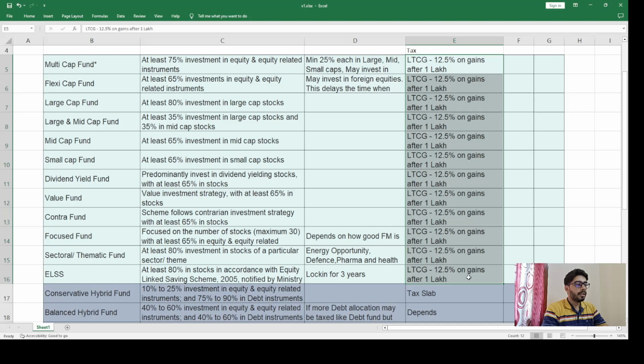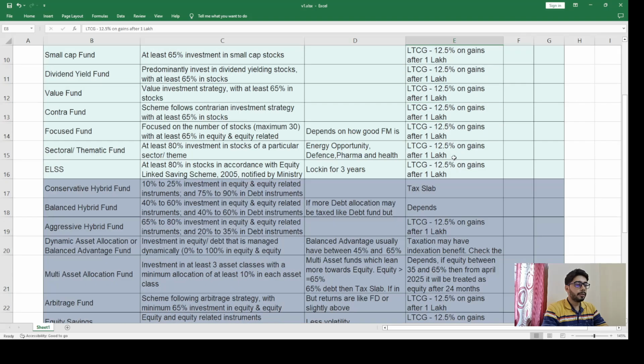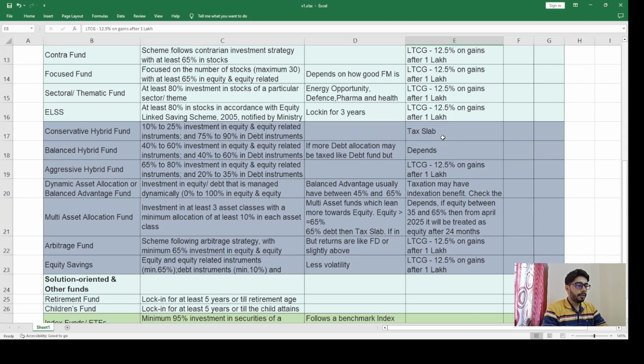All the equity-related things will be taxed at LTCG 12.5% on gains after 1 lakh, and at 20% if it is before 1 year. And these are the taxations for these hybrid funds. Okay, so you can take a look here.